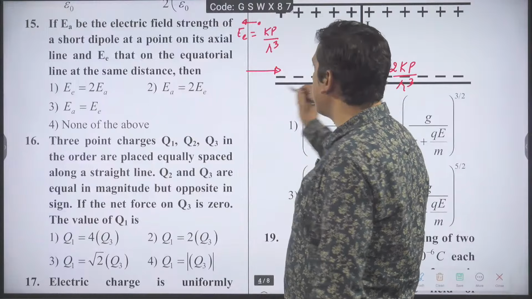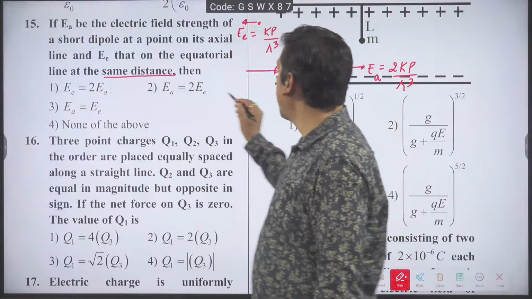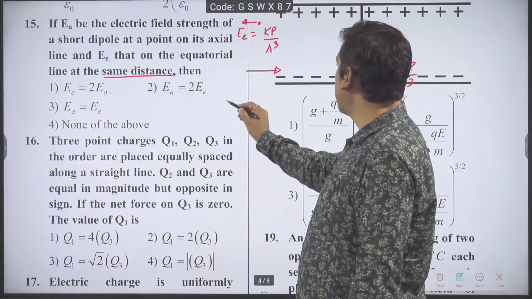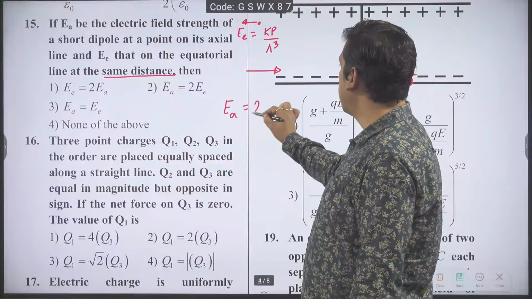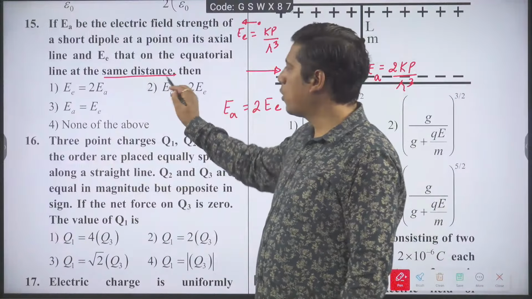If r is the same, like they have said, same distance, then you can say the axial field is 2 times the equatorial field.